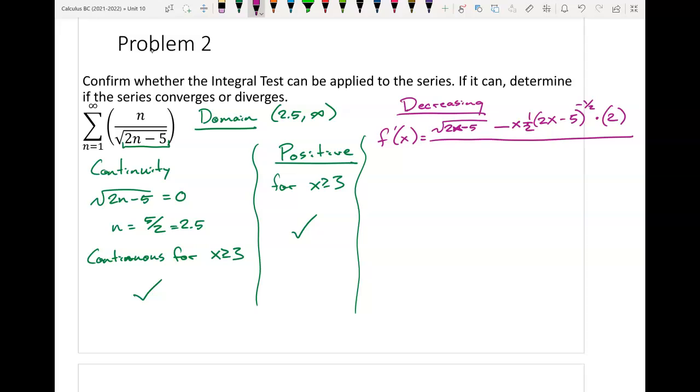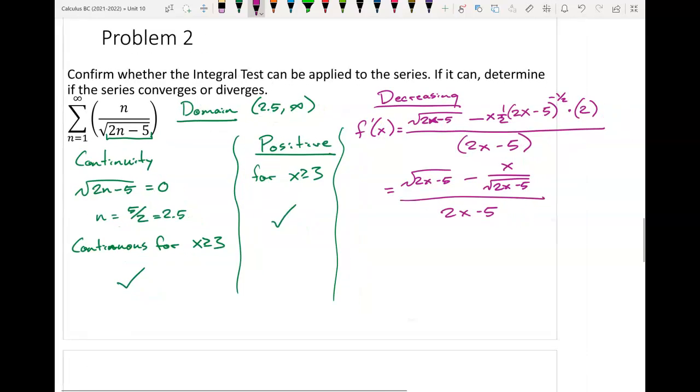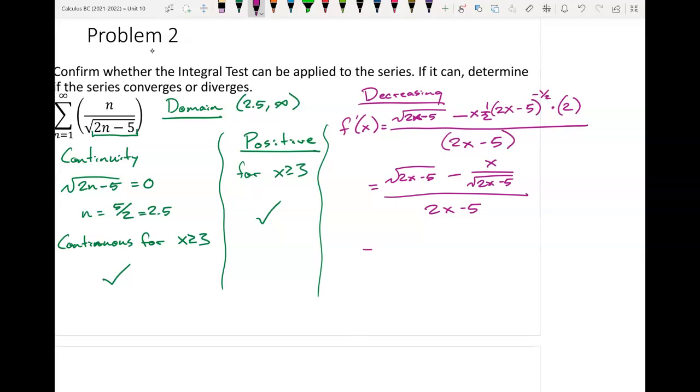In the bottom, that's going to be that squared, so that just results in 2x minus 5. So I have the square root of 2x minus 5, and that's going to be minus x over the square root of 2x minus 5, over 2x minus 5. I'm going to simplify this because I think it will simplify down okay.